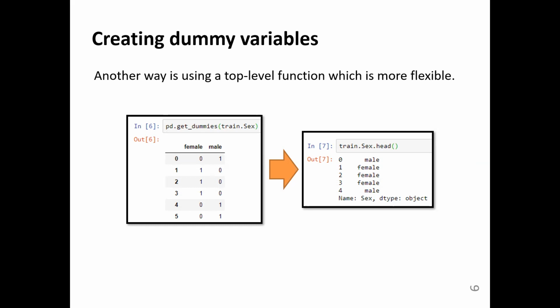Imagine here we have male, female, non-binary, female, non-binary, male. I want to convert these into columns, like male, female, and non-binary.